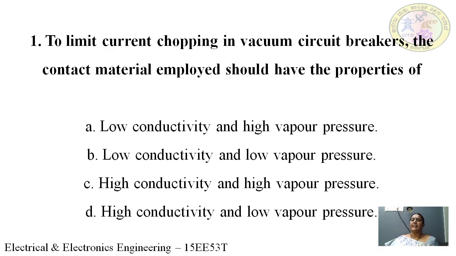Now let us see: to limit current chopping in vacuum circuit breaker, the contact material employed should have the property of high vapor pressure and low conductivity, low vapor pressure and high conductivity, or high vapor pressure and high conductivity.